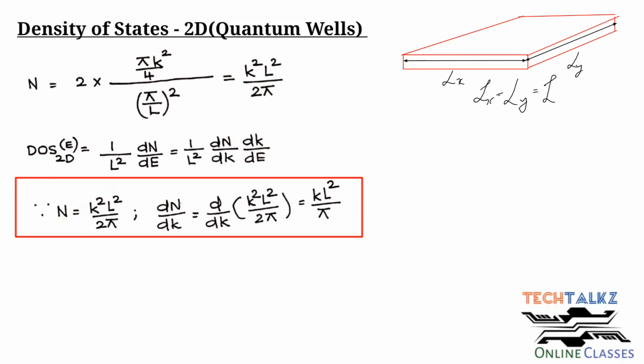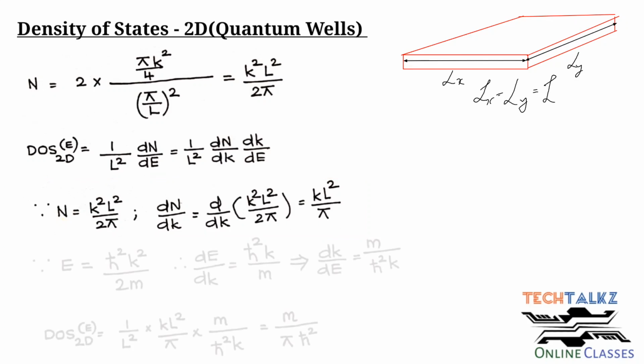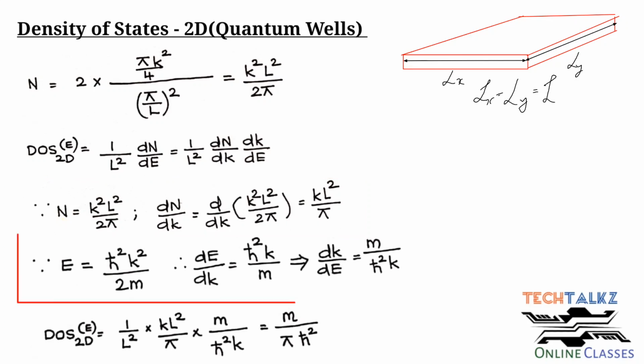We know N is equal to k squared L squared divided by 2 pi. Therefore, dN over dk, that is d over dk of k squared L squared divided by 2 pi, is equal to kL squared divided by pi. We also know that the energy of one electron, capital E, is equal to h bar squared k squared divided by 2m.